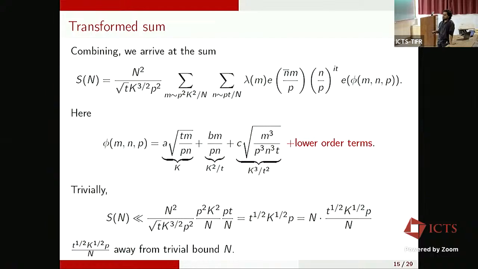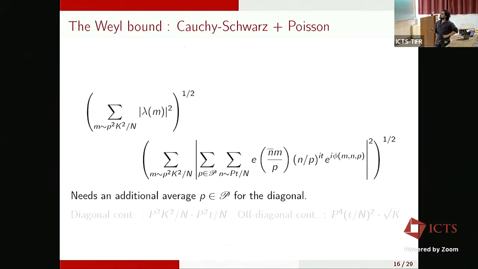So we are this factor away from the trivial bound n, and the power of p will be important. I'll come back to this. Till now we haven't done anything new. This was the same as the previous works, and it is at this step that we will be doing some refinement. But before that, let me quickly show how we get the Weyl bound from this.